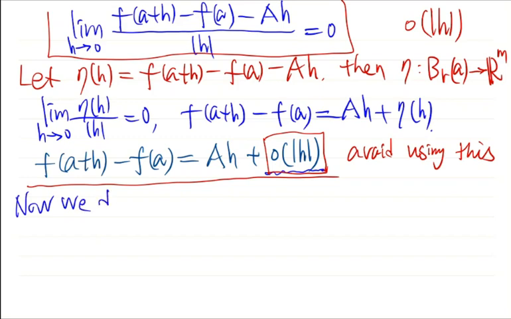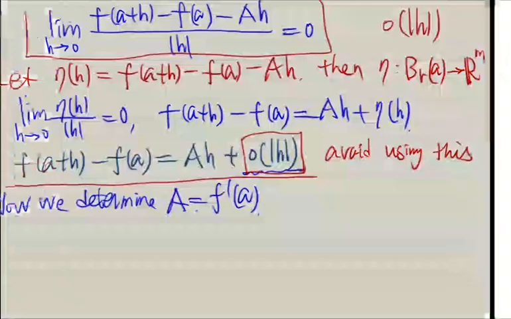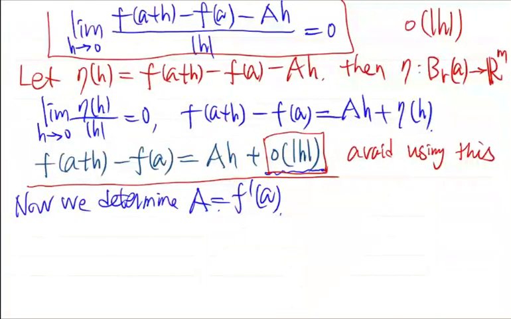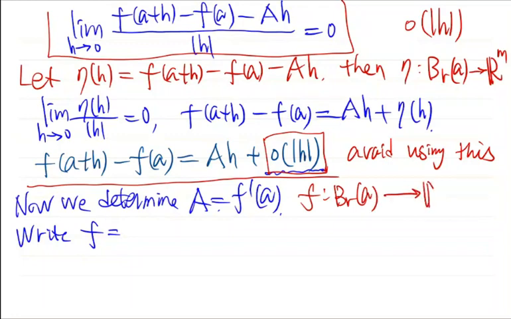Now we determine the matrix A, that is the derivative of f at the point a. For this purpose, because f is a map from a neighborhood of a to R^m, f has m components, so we can write f as (f1, ..., fm).